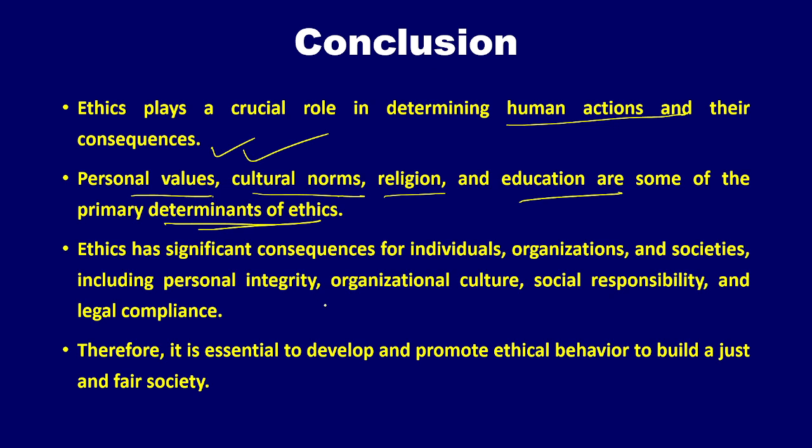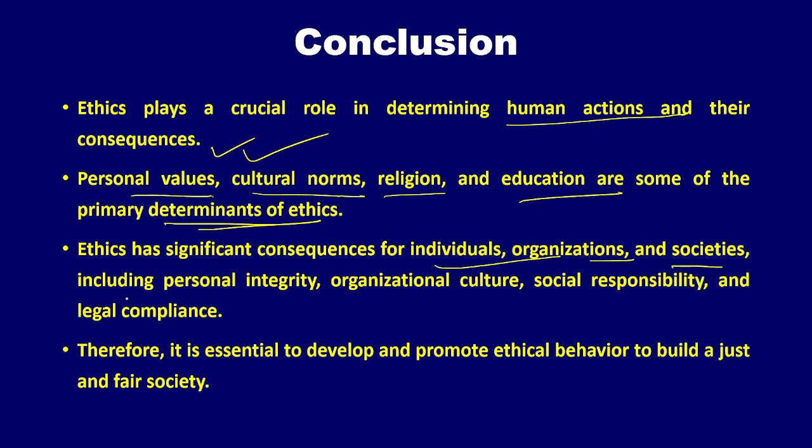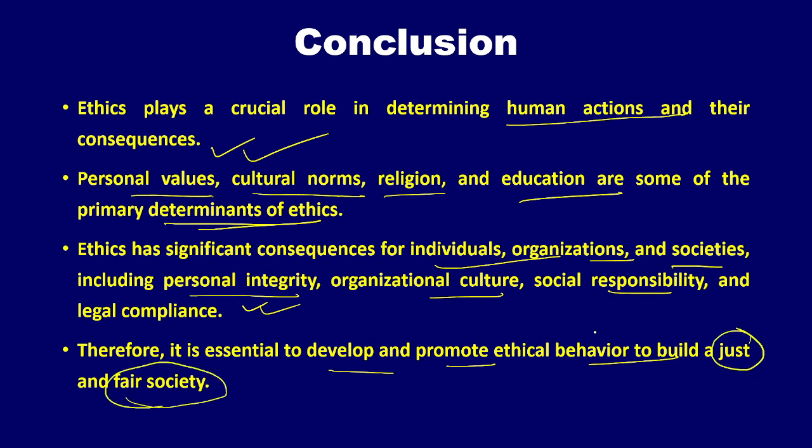Ethics has significant consequences for individuals, organizations, societies, including personal integrity, organizational culture, social responsibility, and legal compliance. And these things also we have discussed and learned. Therefore, it is very essential to develop and promote ethical behavior to build a just and fair society. Okay, just to build a just and fair society, it is very much essential to practice ethical behavior.